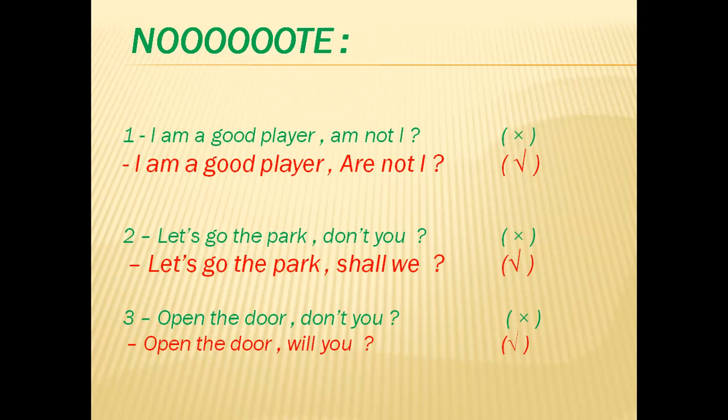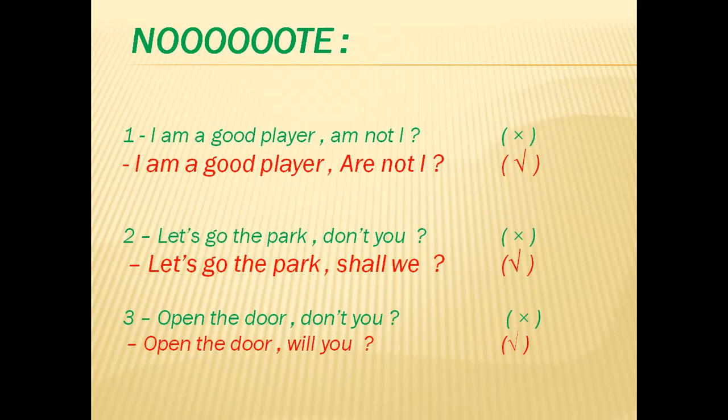Okay. Number 3. Open the door. This is an imperative statement. دي جملة أمرية. نفس الشيء ما بيمشيش عليها القاعدة اللي هي 3 steps اللي احنا بنحول عليهم اللي بنجيب بيهم الكويستشن تاج. لا في الامبيراتيف سنتنس we use modal verb, we use will you. Okay, we don't say don't you.